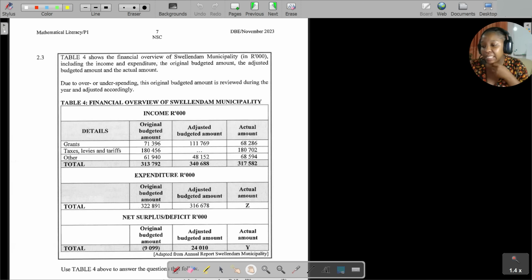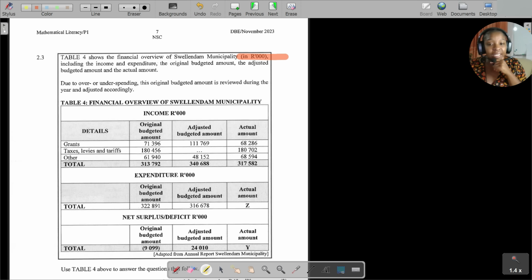We're going to be analyzing the table here and answering questions based on it. It says Table 4 shows the financial overview of Swellendam Municipality in 000. What does that mean? It basically means that whatever value is given to us in this table, you still need to add 3 zeros to those values.